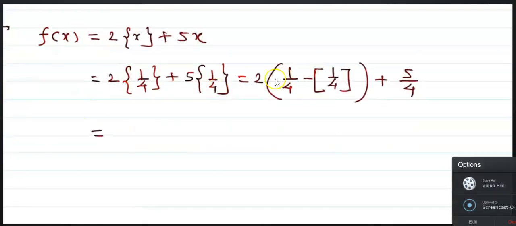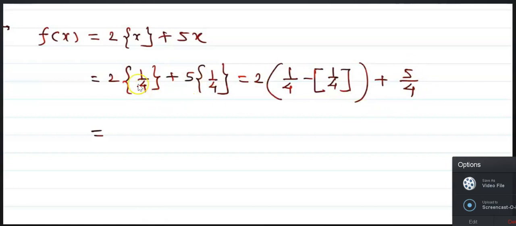Change it and replace it. The fractional part of 1 upon 4 means what? That is 2 as it is, in bracket 1 upon 4 minus the integral part of 1 upon 4, plus 4 into 1 upon 4. This bracket should not be there, it was my mistake, but now I have cleared it. That is 5 into 1 upon 4, that is 5 upon 4.